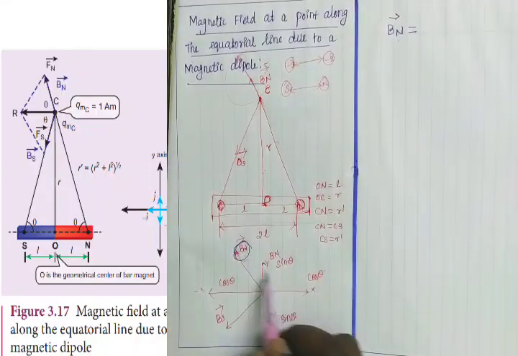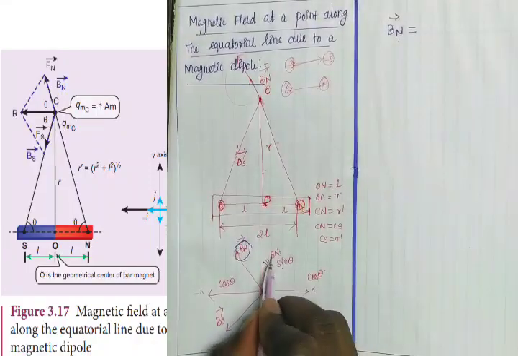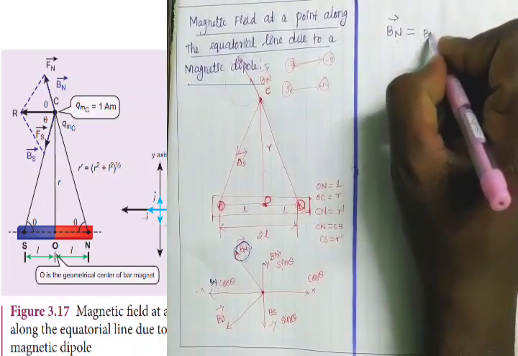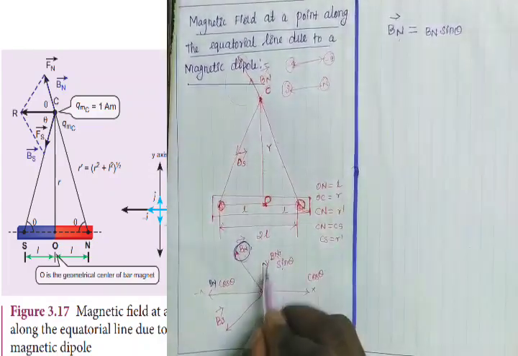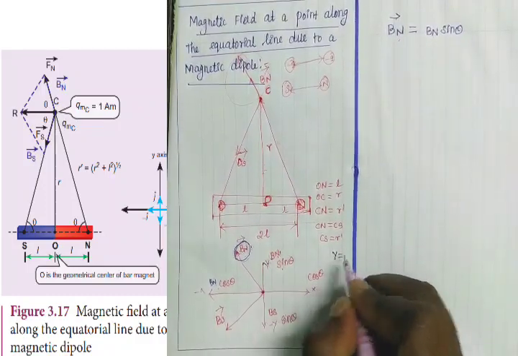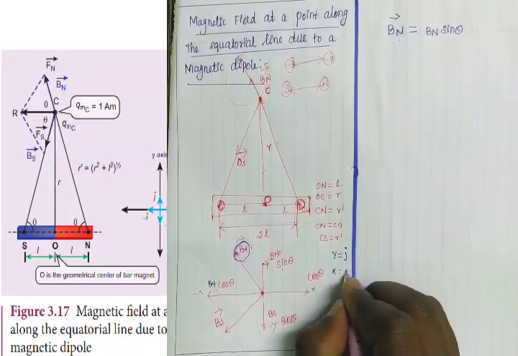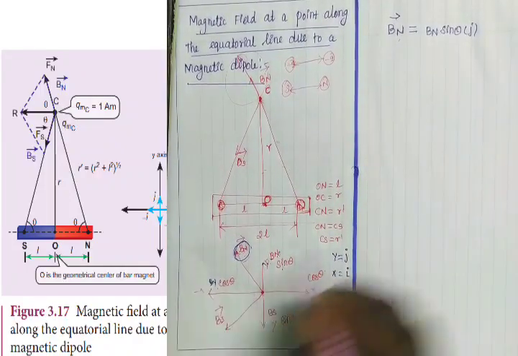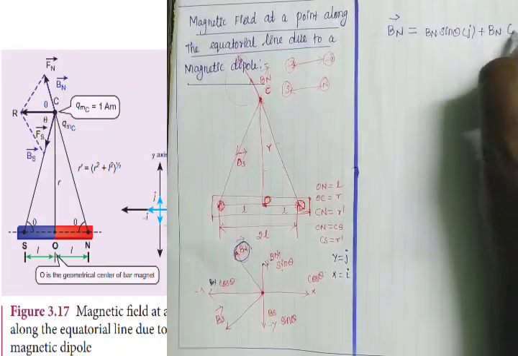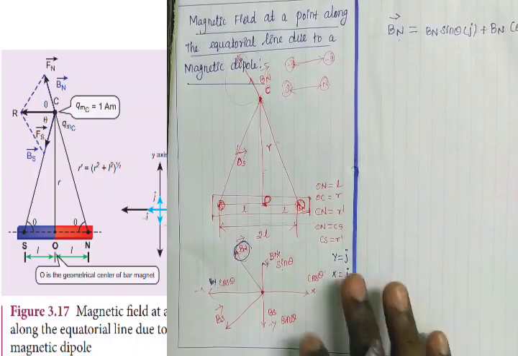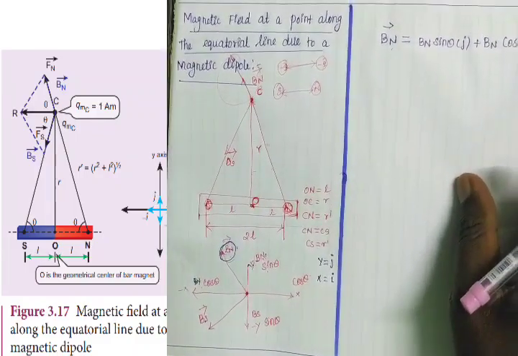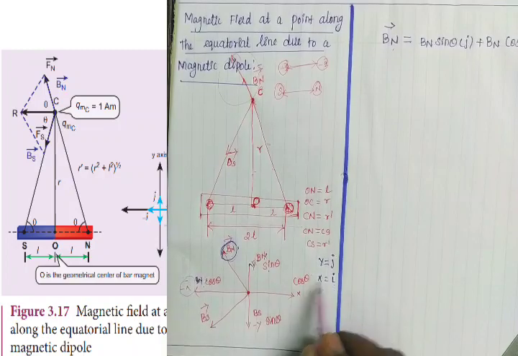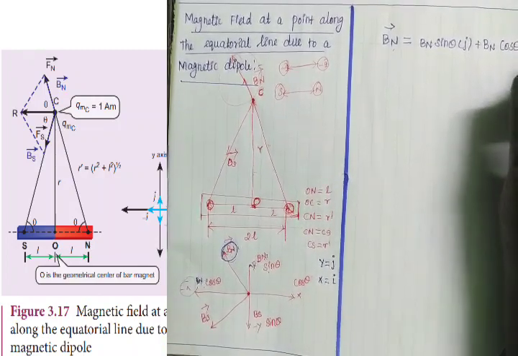So Bn vector equals Bn sin theta times the unit vector j, where y means j and x means i, plus Bn cos theta along the minus x-axis, that is minus i.